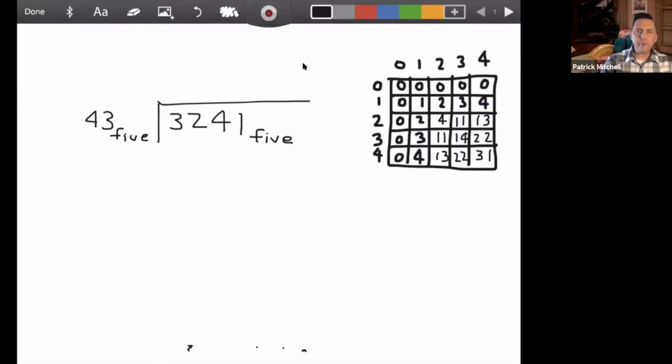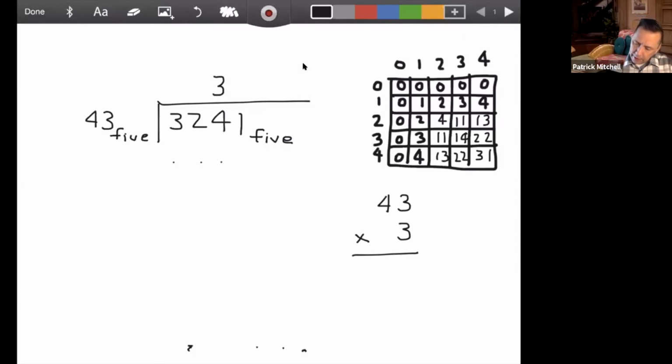From the repeated subtraction earlier, we know that 43 goes into 324 3 times. Now normally what I would do next is just do 3 times 43 and write the answer here. But since base 5 multiplication is still really new to us, I'm going to do that over here, right underneath my base 5 multiplication table. The first thing I'm going to do is 3 times 3.